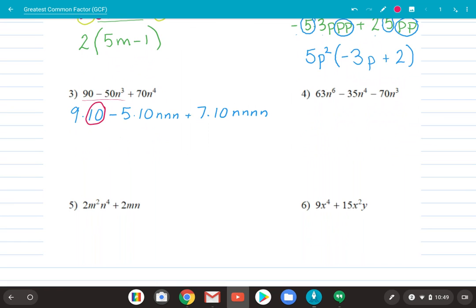I'm going to take out a 10. This one has n's, this one has n's. The first one does not have n's, so I can't circle them. They all have to have n's for me to circle. And just rewrite what you have. So 9 minus 5n cubed, because there's 3 of them, plus 7n to the 4th.